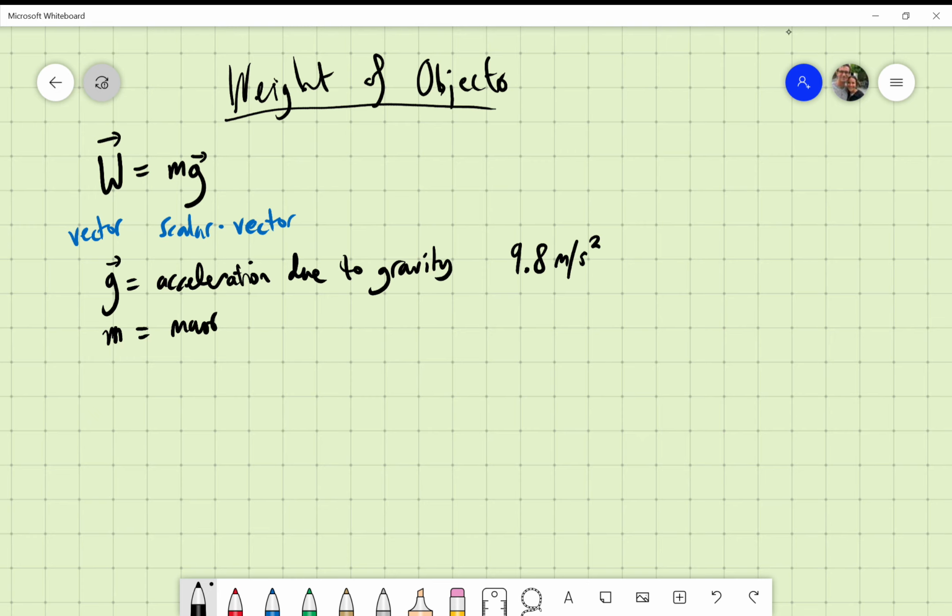It's always going to be measured in kilograms, but it could be anything. Unlike that G vector, that is always going to be 9.8 meters per second squared. That's what we call a constant, a fixed thing in the formula. We actually like constants. They make life pretty easy. And then W, of course, is the weight.